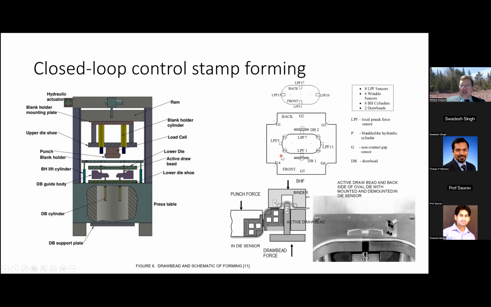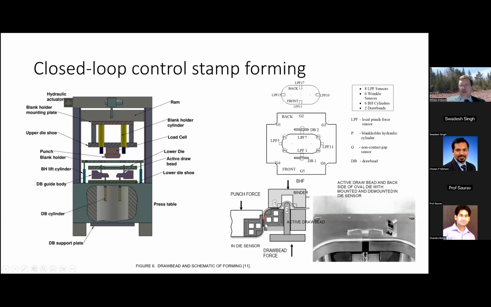So here's our draw bead that could be displaced up and down. Here in the punch nose and the die shoulders, you can see our force transducers. They're actually capable of measuring both the flow in forces prior to entering the die, as well as the forces once the sheet has entered into the die.